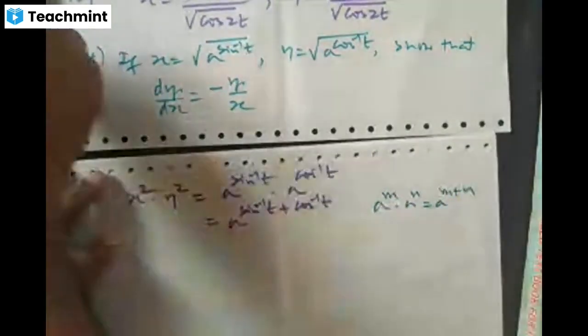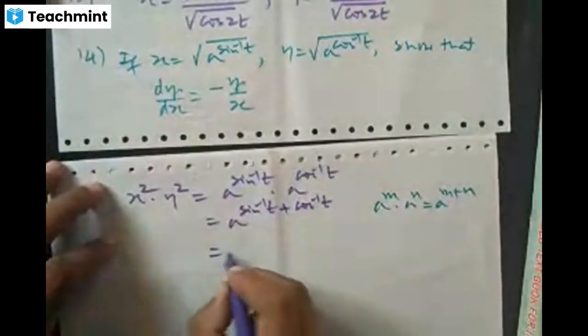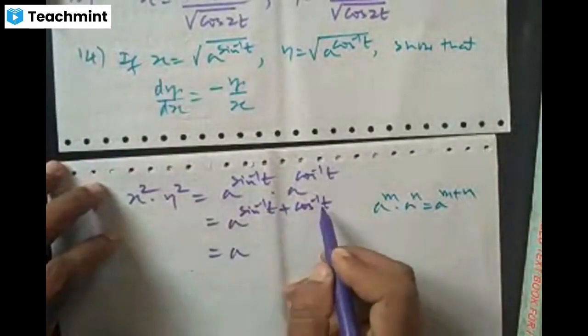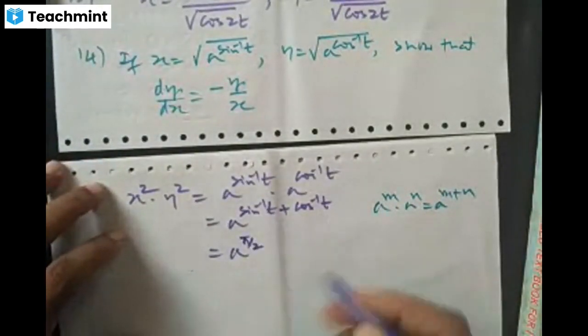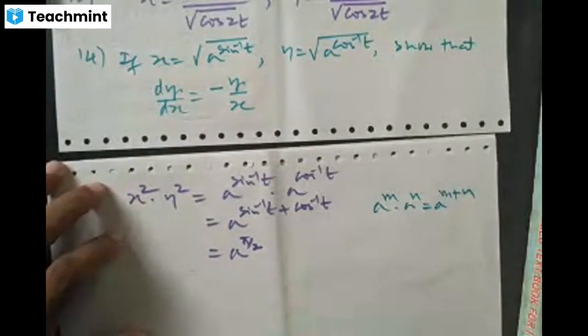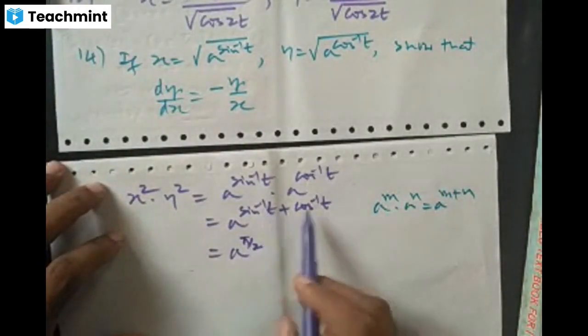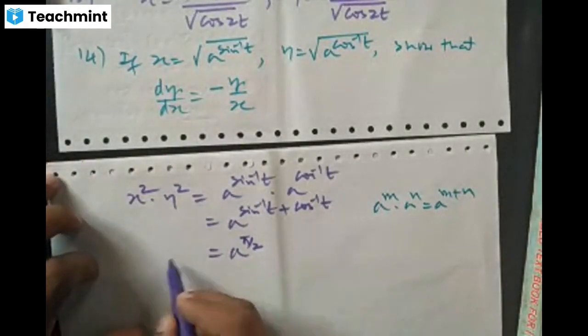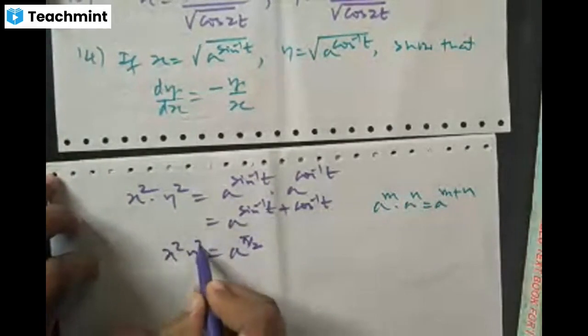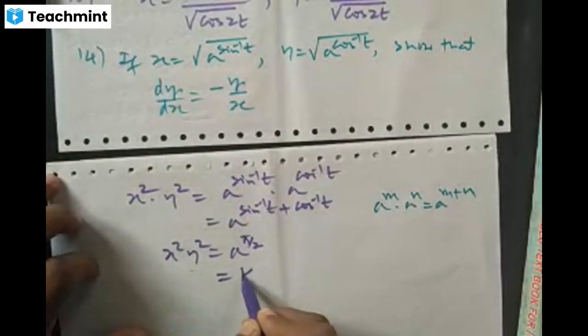Okay, next this is equal to a power pi by 2, since sine inverse t plus cos inverse t is pi by 2, which you are going to learn later in the properties of inverse trigonometric functions. Okay, so x square y square is a constant. I will take this as k.